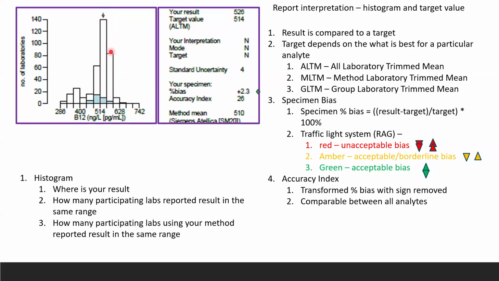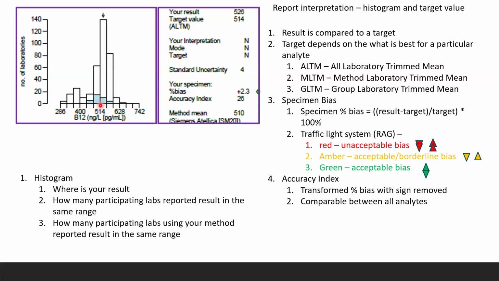So then this white bar presents the number of participating labs that have reported results in this range, and in this case, it's around 140. And this light shaded blue bar, or part of the bar, presents the number of laboratories which are using the same method like us and who reported the results in that particular range. And so 540 to 552.